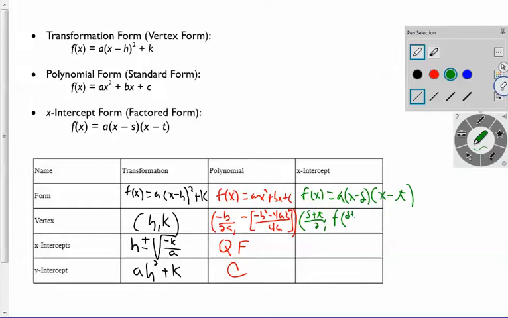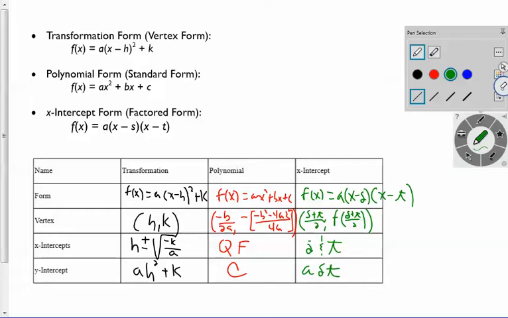If you found s plus t over 2 to be 3, you input that into the function for x and see what happens. The x-intercepts are just s and t. And how do you find the y-intercept? You take a and multiply it by s and by t.